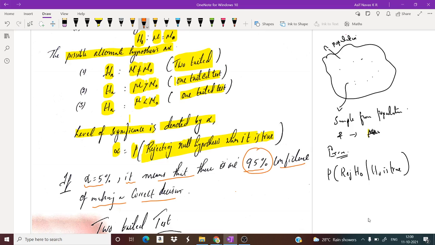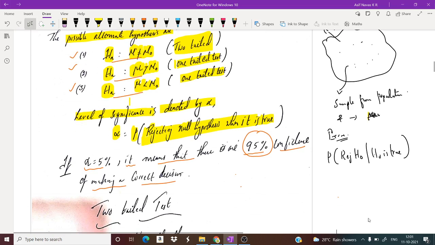So we have H naught: mu equal to mu naught, and there are three possible alternate hypotheses, and they are these. Now we will discuss what is a two-tailed test.